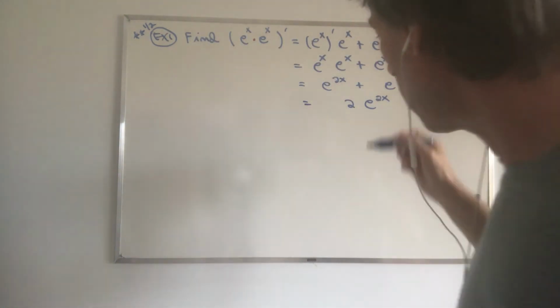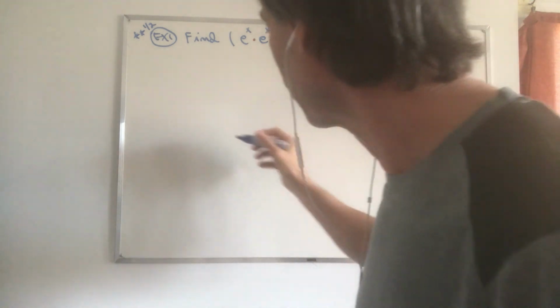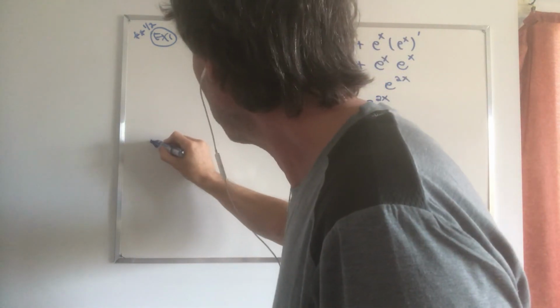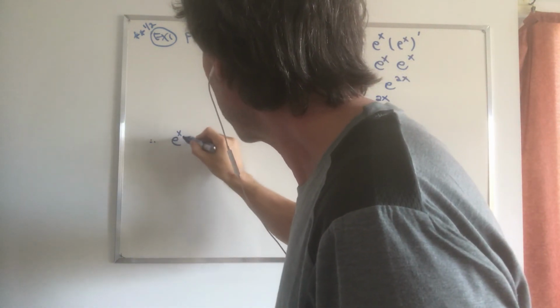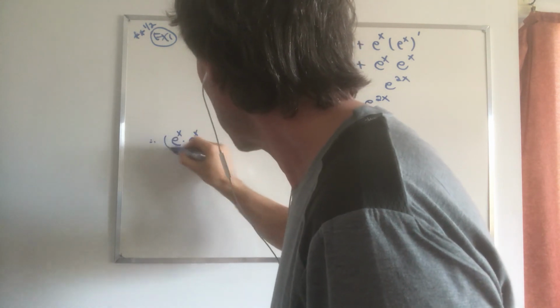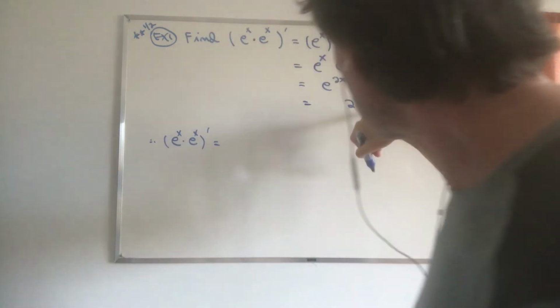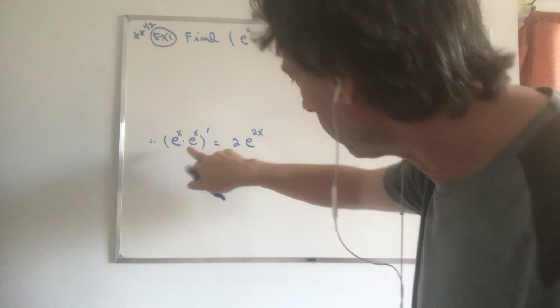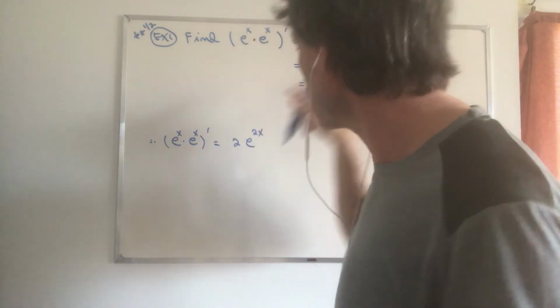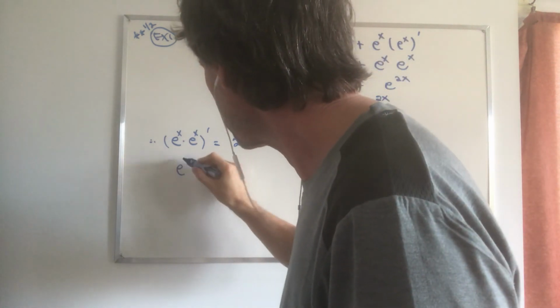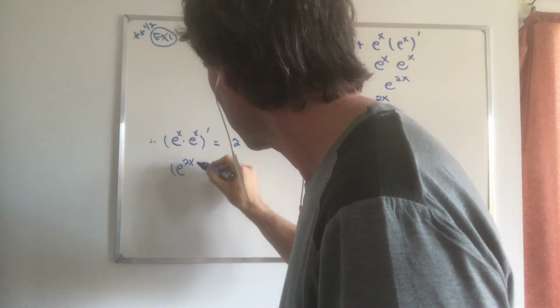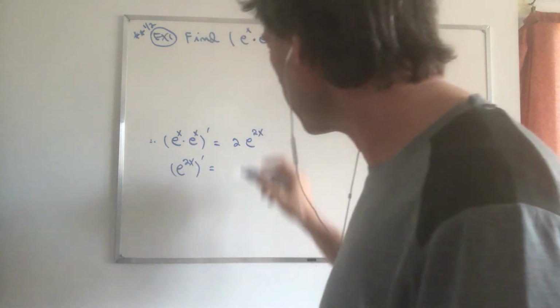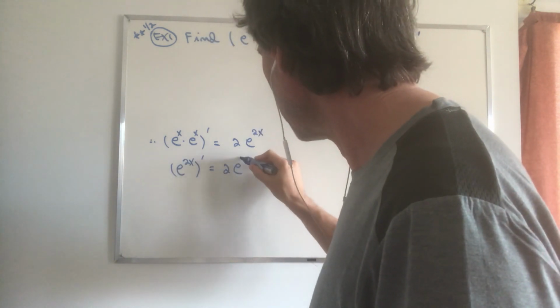Now follow me on the following track here. So, conclusion, e to the x times e to the x prime is this. Yeah? Now clearly, e to the x times e to the x, same thing as before, that's e to the 2x. So the derivative of e to the 2x is 2e to the 2x.